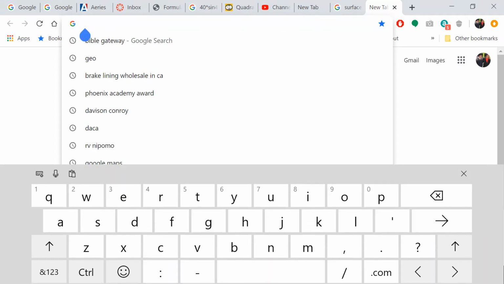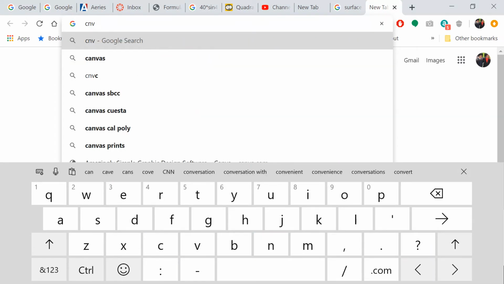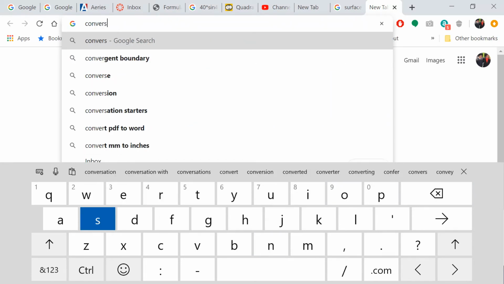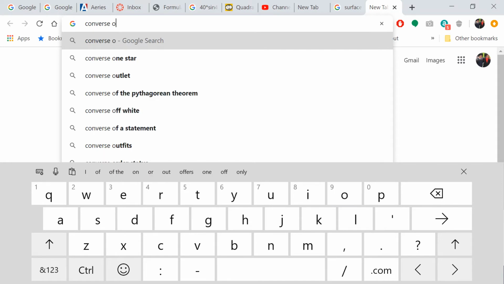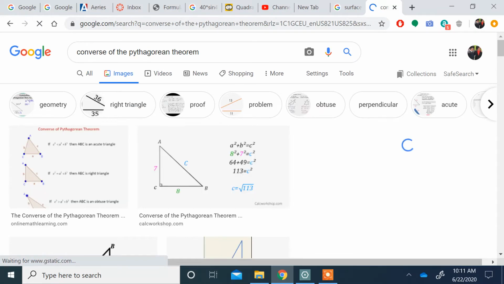All right, I always have a problem with my, okay, so if you type in converse, there it is, converse of the Pythagorean theorem. There's many images. This is the one I always use.